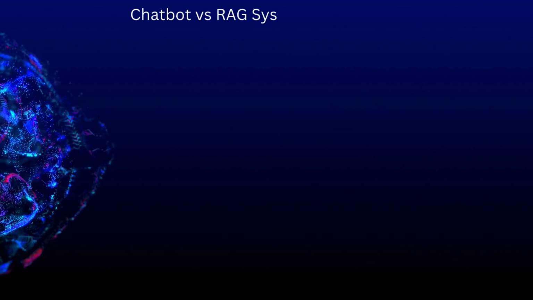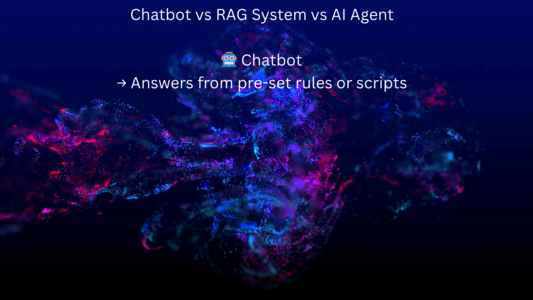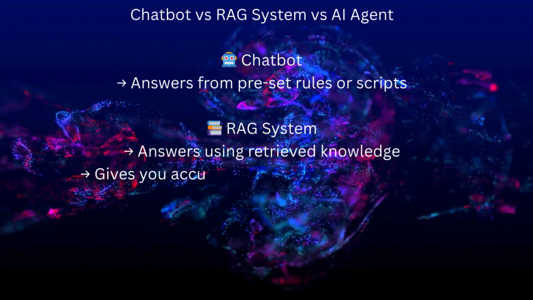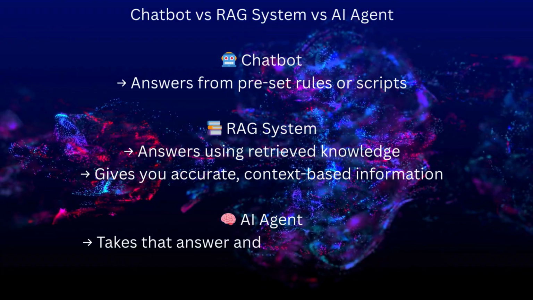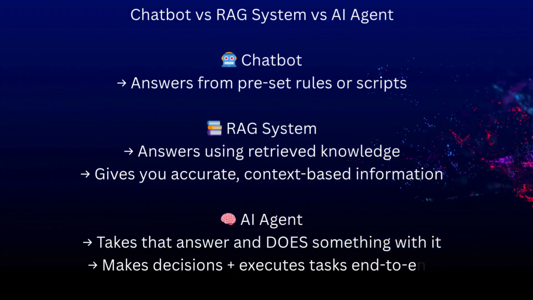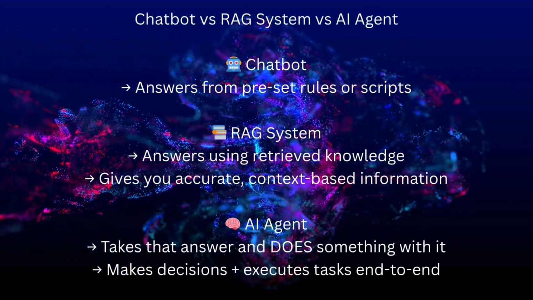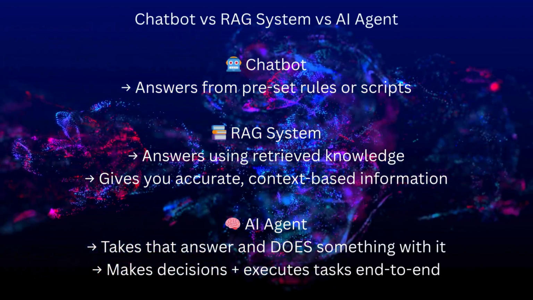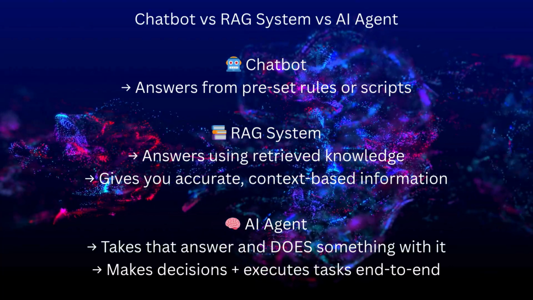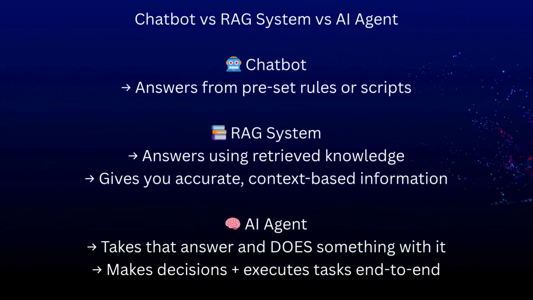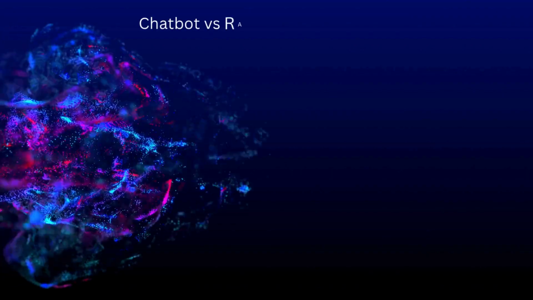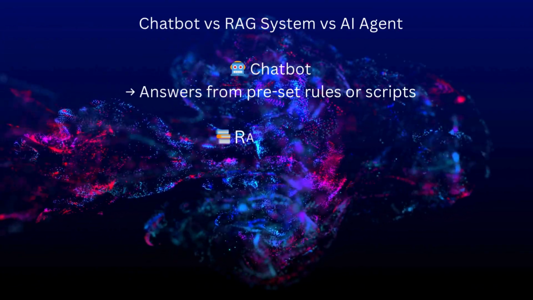Let's break down the three levels. First, a basic chatbot. It responds based on script or training. Then there is a RAG system, which stands for Retrieval Augmented Generation. This is smarter. It pulls in relevant information before answering. So responses are more accurate and grounded.